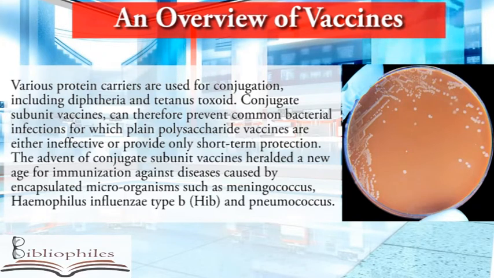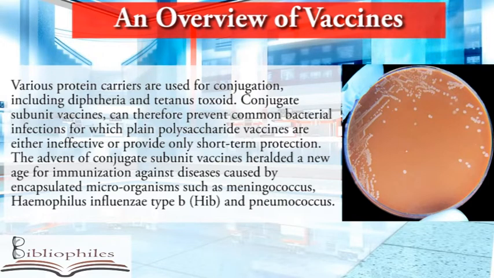I will talk about toxoid later in greater detail. So conjugate subunit vaccines can prevent common bacterial infections for which plain polysaccharide vaccines are either ineffective or provide only short-term protection.